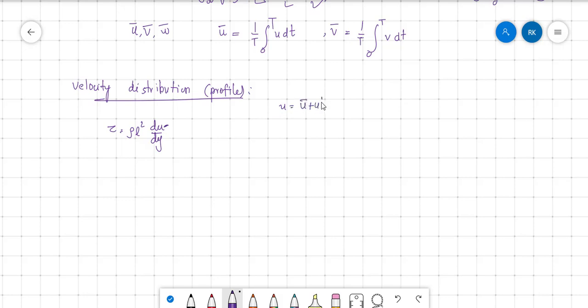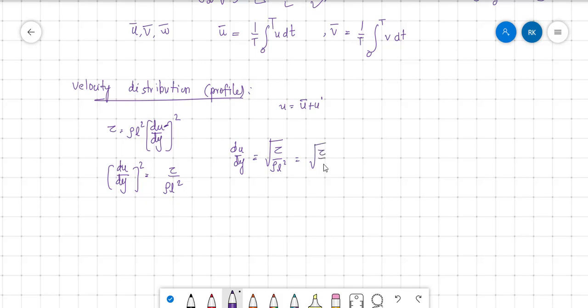Now this is du by dy whole square. Du by dy whole square is equal to tau by rho L square. So from this we can write du by dy is equal to under root tau by rho L square.